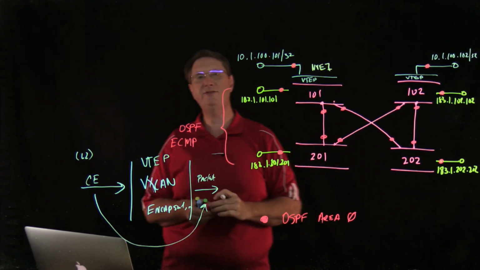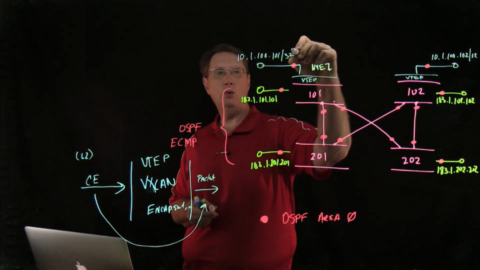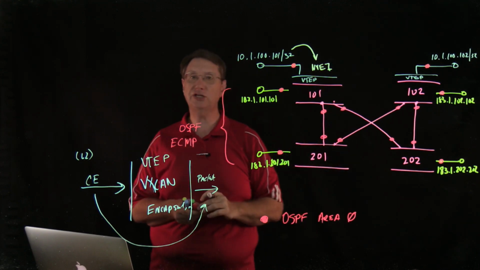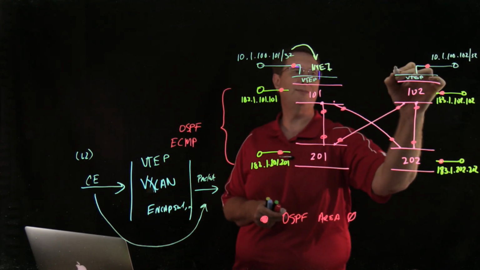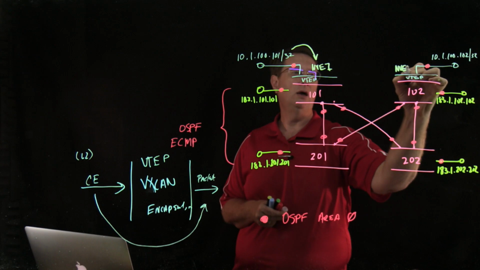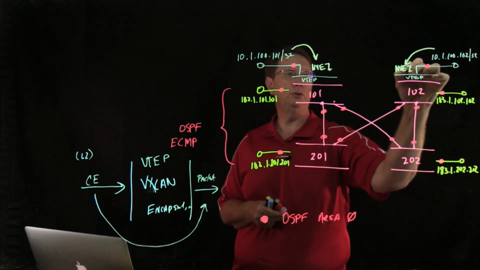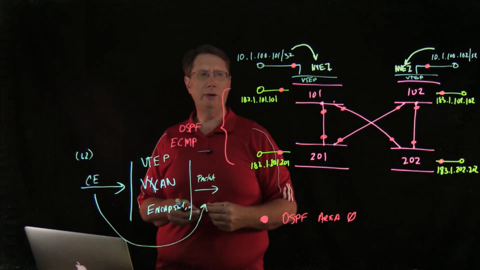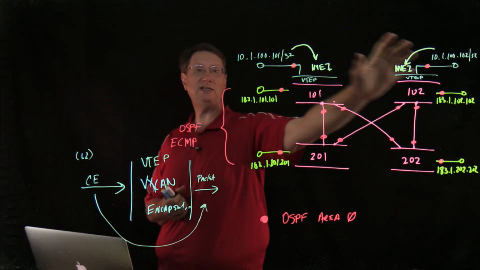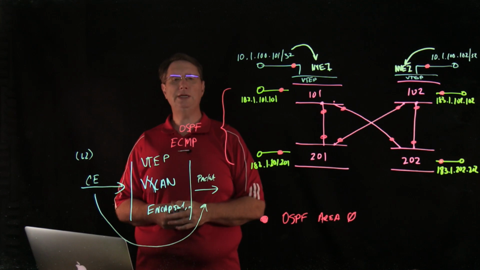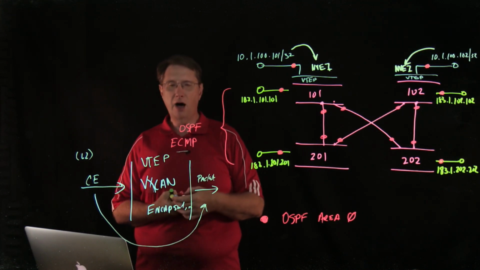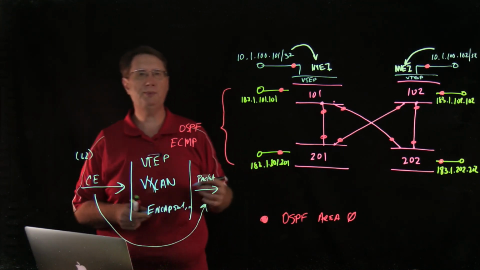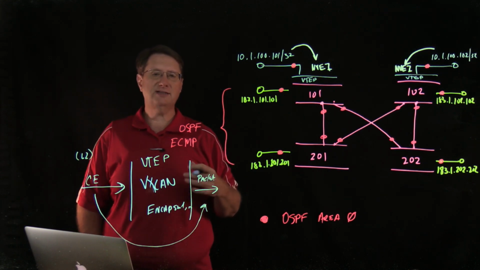In fact, we'll create NVE1, and NVE1 will actually take its IP address from loopback 0. Over here we'll do the same thing. We'll create NVE1, and we'll use unnumbered to accomplish that. But we're not there yet. What we want to do right now is get these set up, and then we need to address one of the behaviors of VXLAN, and that's the way that VXLAN is going to function.